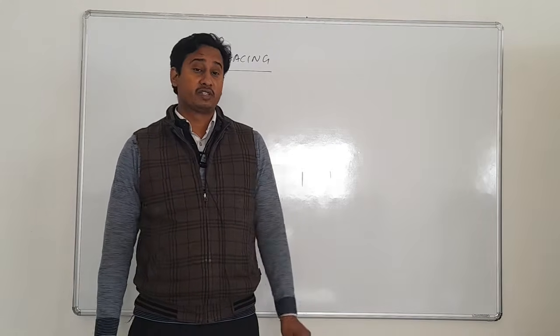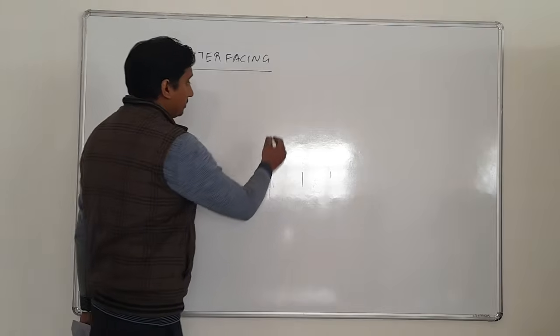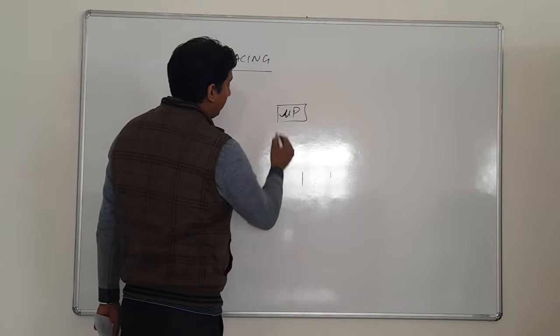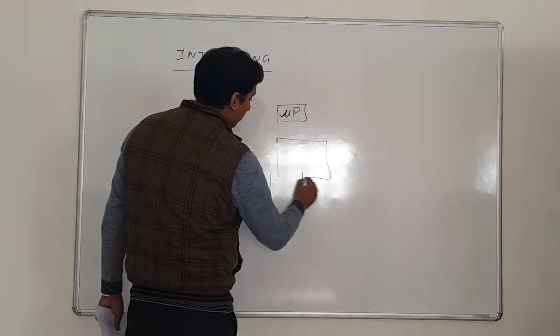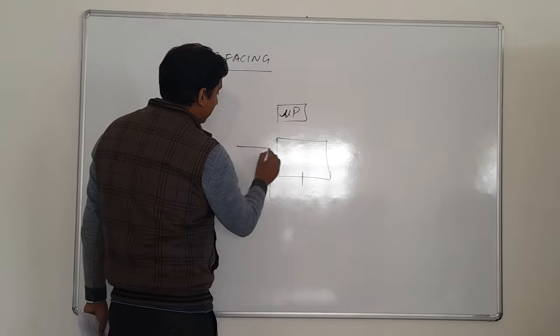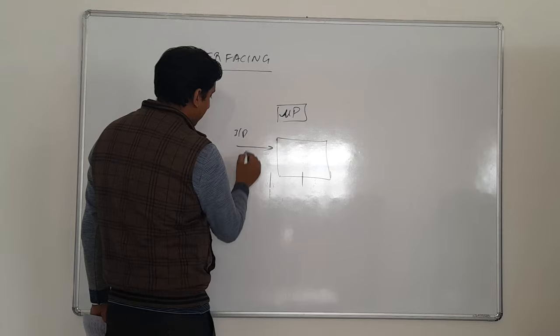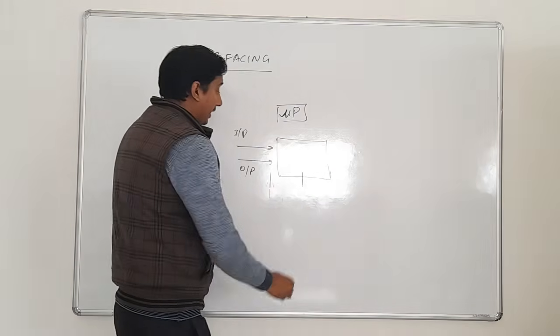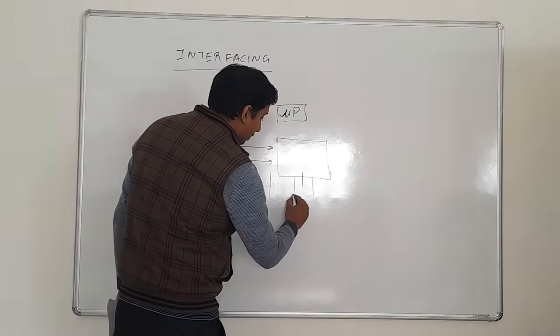Now what is interfacing? There is a microprocessor, which is represented by µP. This is your microprocessor. There are corresponding inputs and corresponding outputs, and there is memory also.